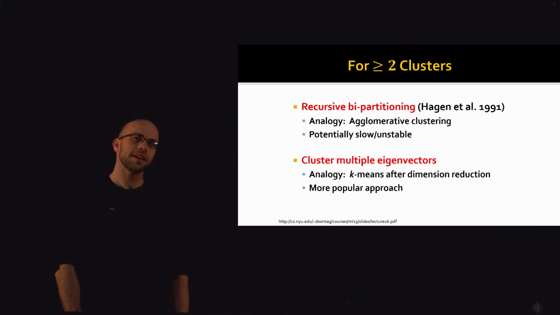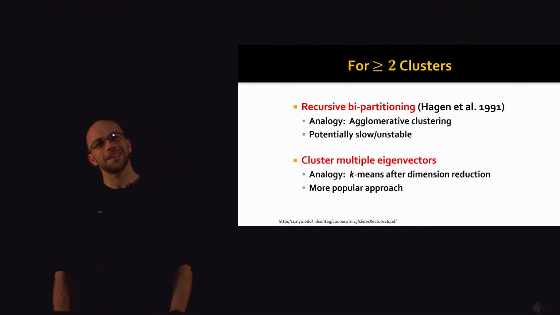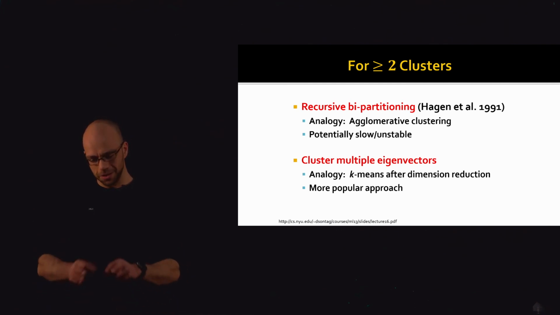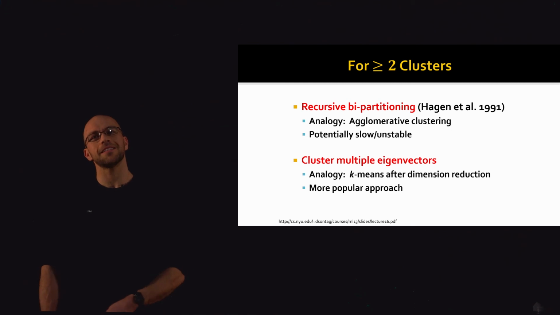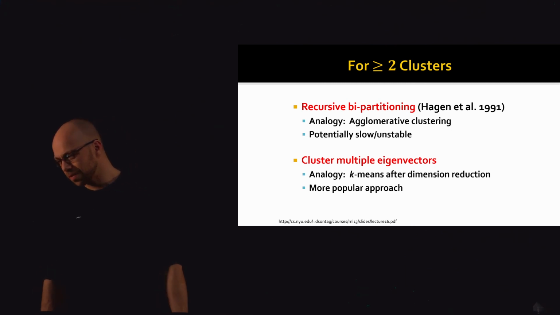A different thing that I think is more popular in practice would be to compute more than 1 eigenvector of the Laplacian and then do k-means on that embedding. So this is kind of funny, right? The k equals 2 case on just the first eigenvector of the Laplacian is exactly the normalized cuts algorithm. So here we're combining normalized cuts and k-means in an interesting fashion.